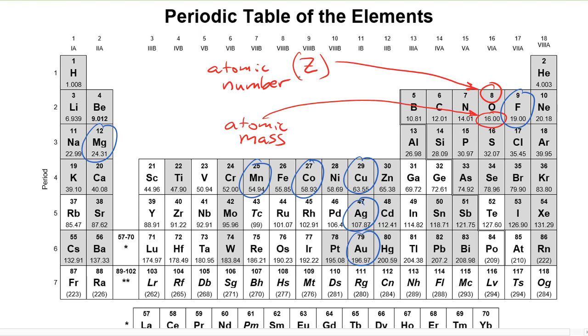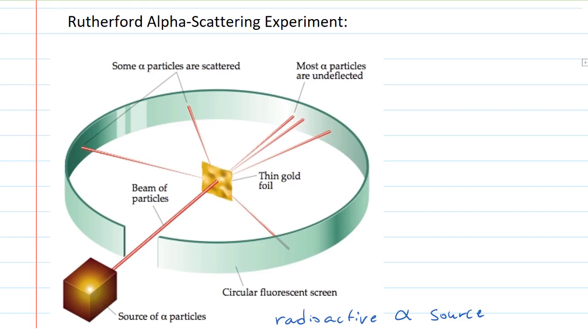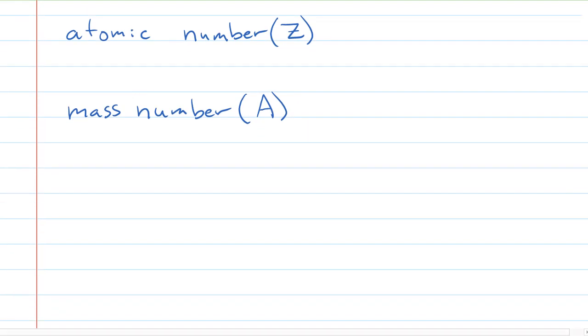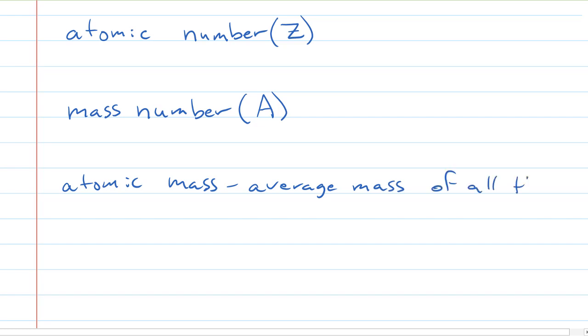And what this atomic mass represents, just so we're on the same page, is the average mass of all the naturally occurring isotopes of a given element.